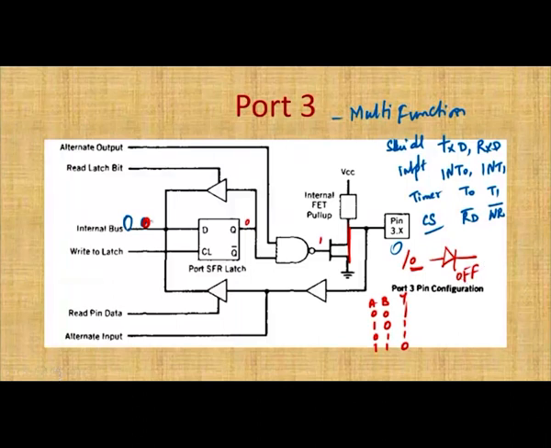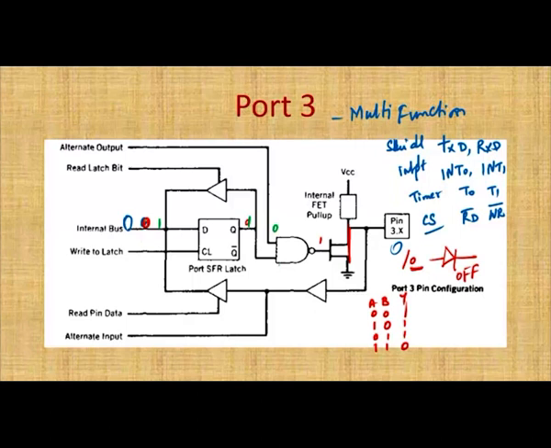Suppose I am giving the value 1 here. The D latch will pass the signal as 1. In this NAND gate, if one of the inputs is 1, we cannot define the output, so at that time I am getting the alternate output. Here the alternate output is 0. The same way you can use the signal to pass either 0 or 1.